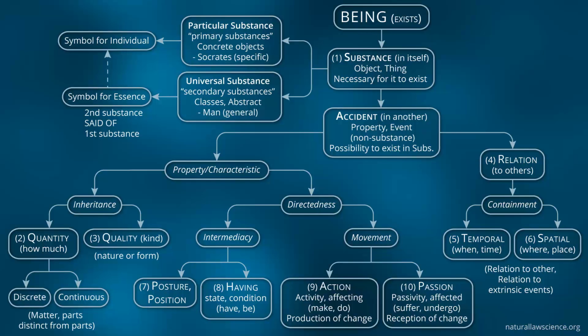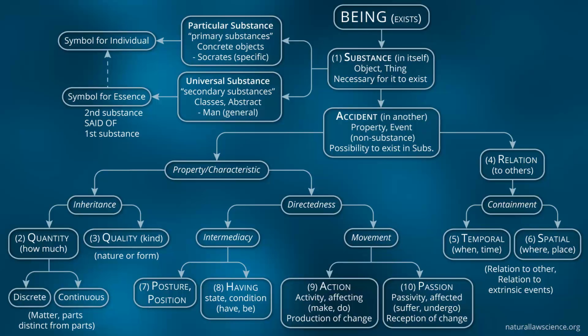And the universal substance is, again, a symbol for essence, which we saw on infographic number 7, where we had language and symbols, the 4 types: symbols of individuals or symbols of essences. So now we come back here, it's corresponding again. The symbols for essences are the universal substances, and the symbols for individuals are the particular substances.